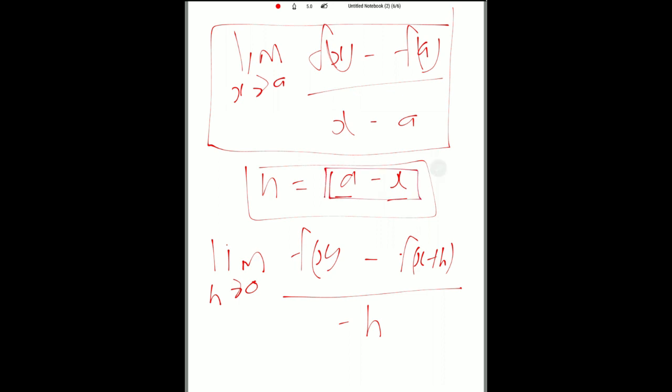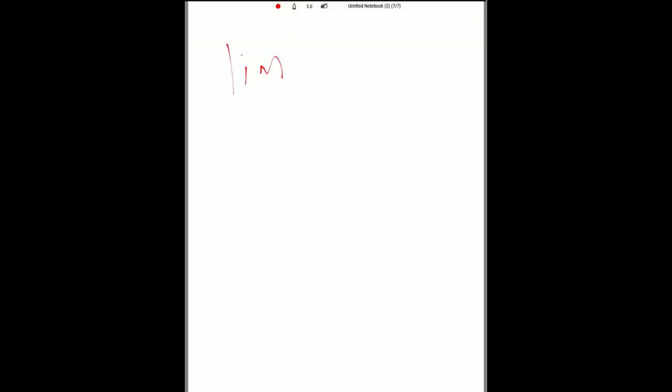So we're finding the limit of f of x minus f of x plus h all over negative h as h approaches 0, which in effect gives us the limit of f of x plus h minus f of x all over h as h approaches 0.